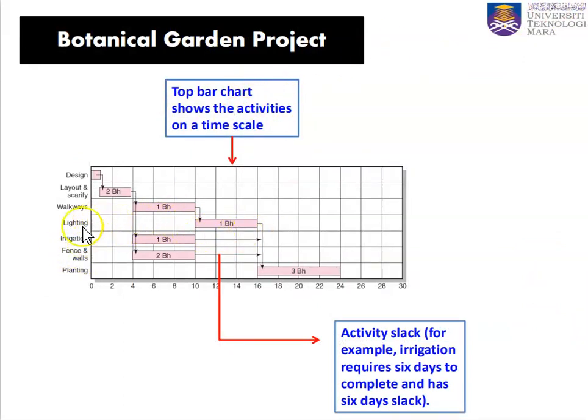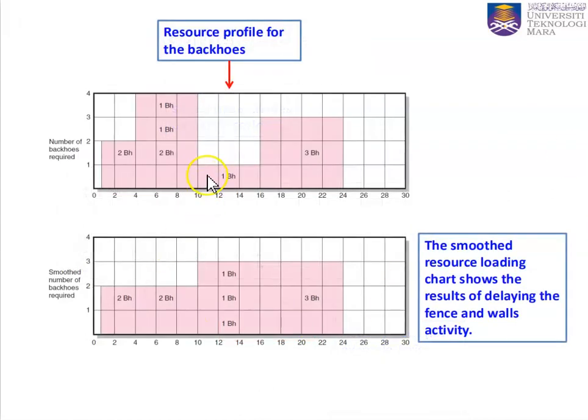Then we'll see the lighting. The lighting can only be done when walkways are finished. See the interrelation diagram, but they are not depending on irrigation and fence and walls, and they require 1 backhoe from day 10 to day 16.